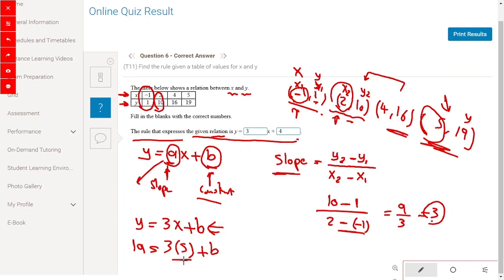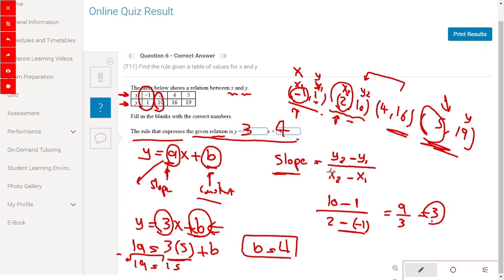So this one is 15 plus b equal to 19. 15 will go there with minus 15, so b will be equal to 4. So the answer here will be 3x plus 4. So now the equation will be y equal to 3x plus 4. Okay.